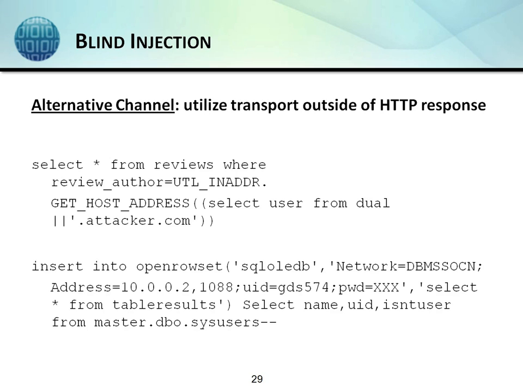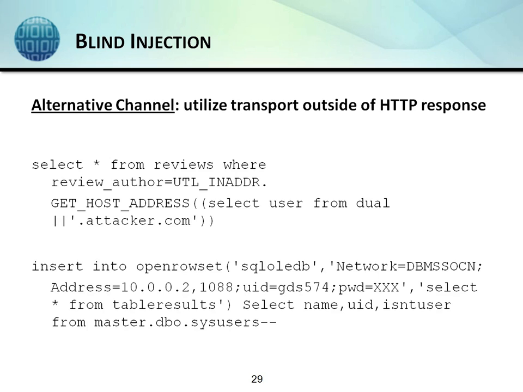Another blind injection technique is use of an alternative channel. The idea here is retrieving results outside of the HTTP response. So in this first example, the attacker controls the DNS server for attacker.com, and the result of select user from dual is going to be appended to .attacker.com.